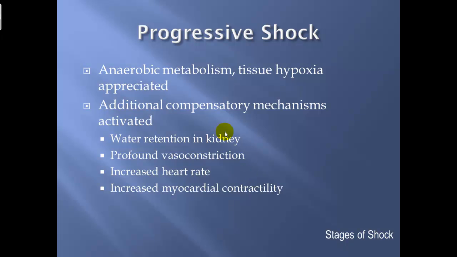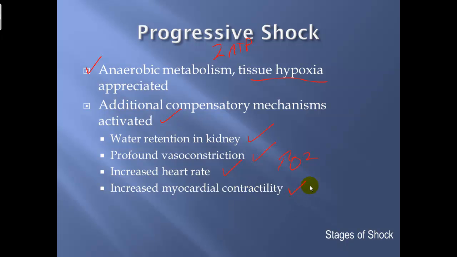Progressive shock. Anaerobic metabolism. So in this, we're only making 2 ATPs. We can easily go into cellular bankruptcy. We get tissue hypoxia. Additional compensatory mechanisms are activated. Water retention in the kidneys, profound vasoconstriction, an increase in heart rate, which also increases oxygen demand.